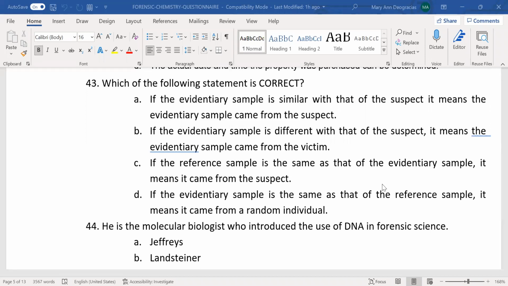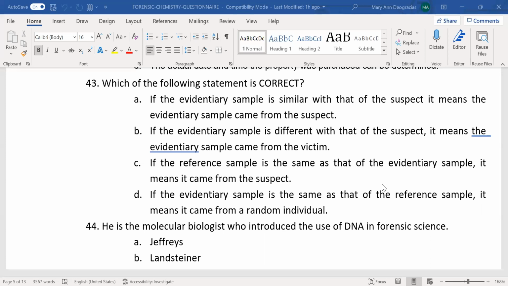Okay, aralin natin yung letter A, ha? Okay, the answer is A. If the evidentiary sample, ibig sabihin question sample yan, is similar with that of the suspect, it means that evidentiary sample came from the suspect. Tama, di ba? Ayan, suspect. Common sense yan. So you have to understand the question.